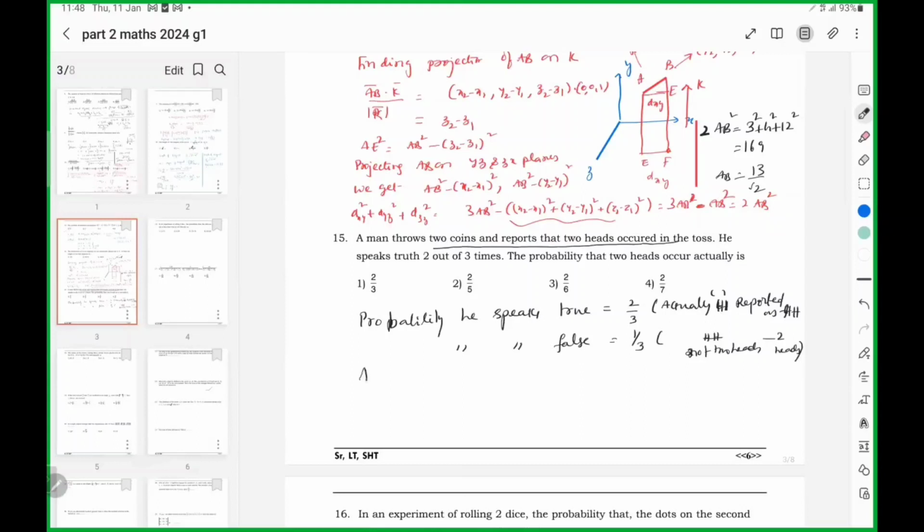So here, let A be the event that the man reported that two heads occur. So the question here is the probability that two heads actually occurred.